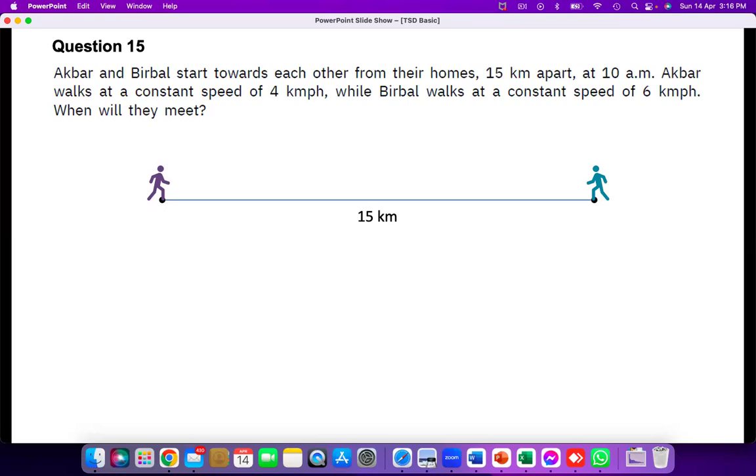So 1.5 hours, which would basically mean 11:30 a.m. Okay, see what happens. 15 kilometers is the distance, right? This is how they are meeting.